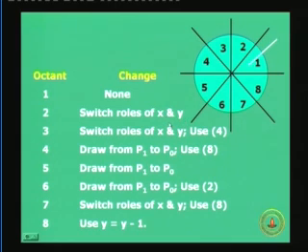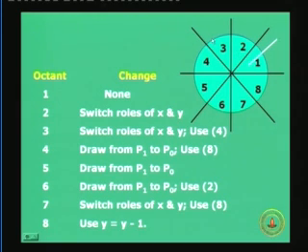If we make this change, you are basically mapping octant 2 onto octant number 1, or reducing the slope from more than 1 to less than 1. Find the coordinates in the first octant, but since x is now y and vice versa, you will actually be plotting the coordinates in the second octant itself. So the second octant is very easy to visualize. When you switch roles of x and y, you have basically done the job.